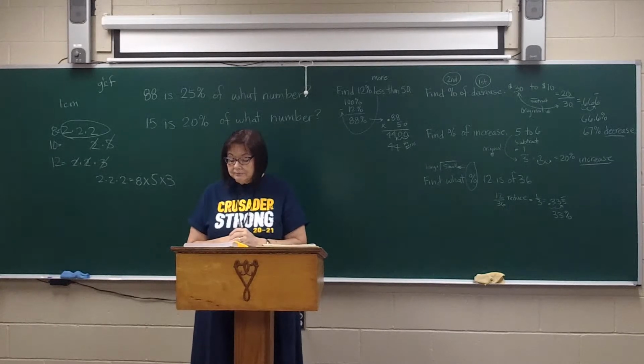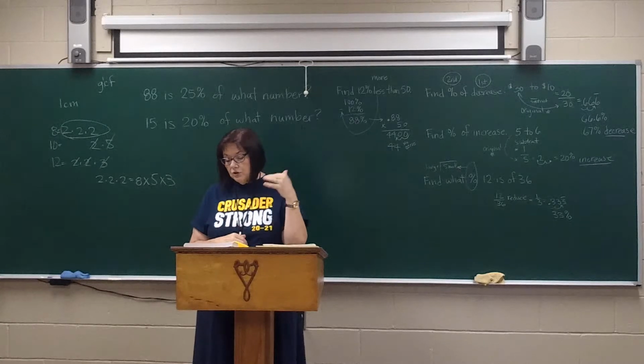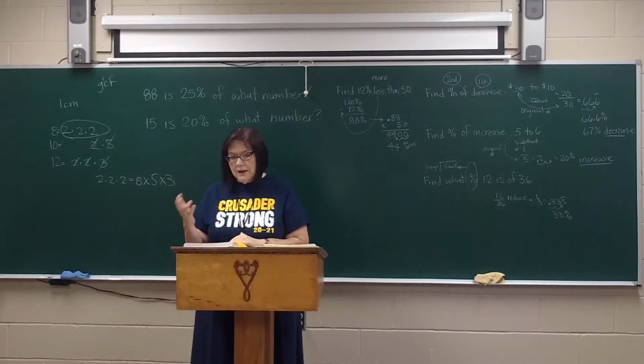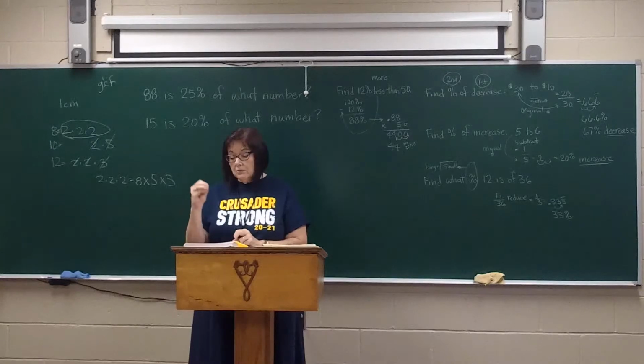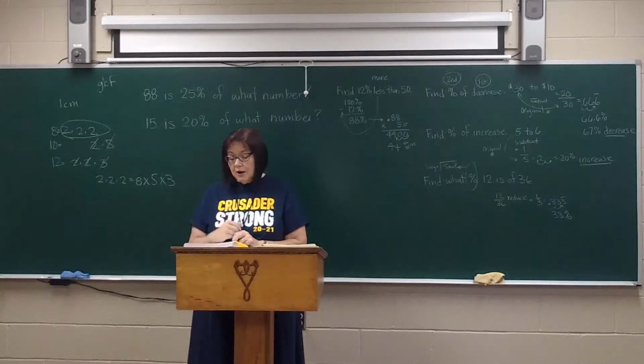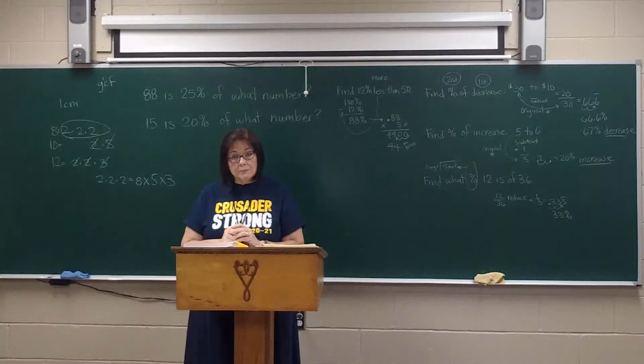Number 18, you have to make it into an improper fraction and multiply straight across, and then change it back into a mixed number, 43 and 5/9. On number 19, make your mixed number into an improper fraction, find a common denominator, add them together, and then subtract them from 20. When you subtract from 20, you're probably going to have to borrow.